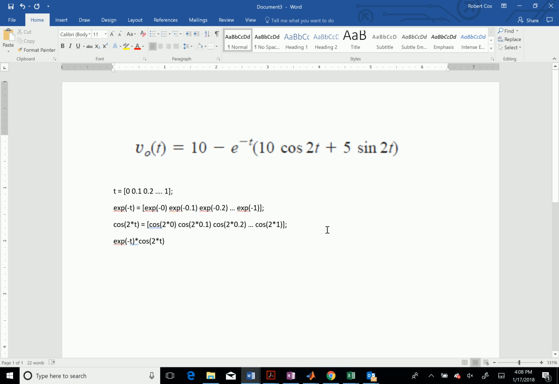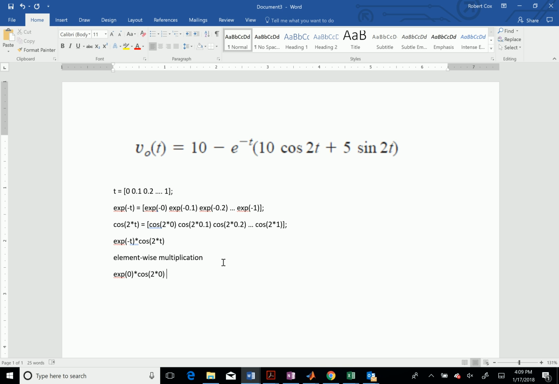That specific operation is what I call in MATLAB element-wise multiplication. In other words, what I want to have happen is for my result to be exp of 0 times cosine of 2 times 0.